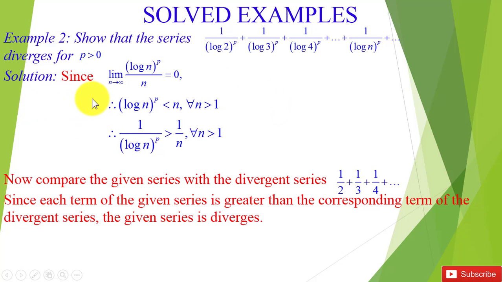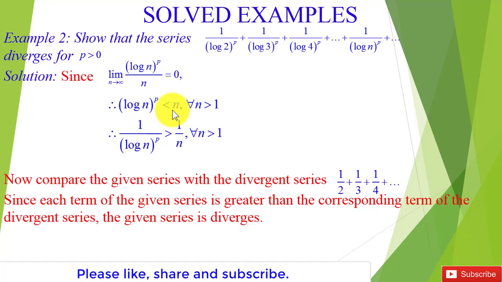Since limit n tends to infinity, log n raised to the power p by n is equal to 0, so log n raised to the power p is less than n for all n greater than 1. Therefore, 1 by log n raised to the power p is greater than 1 by n for all n greater than 1.